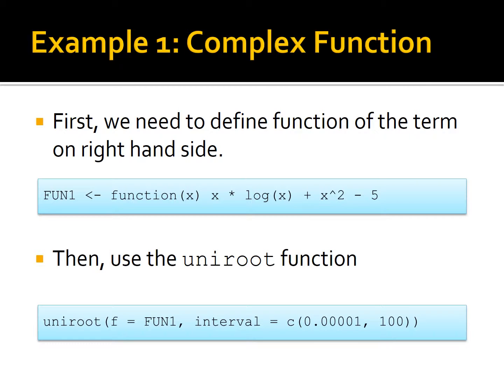So uniroot, open the parentheses, f equals fun1, which we just defined. And then I put the interval: I would like to find x within the interval from 0.00001 until 100.